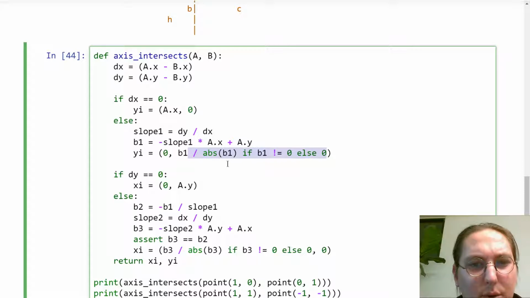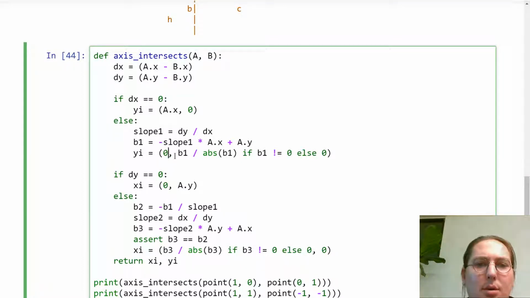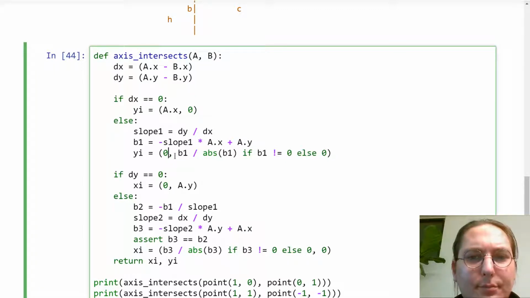Wait a minute, is this correct? This doesn't make sense. Why would the y-intersect be at a y0? Yeah, you mixed it. Y-intersect equals a dot x multiplied by... Did I mix it up?